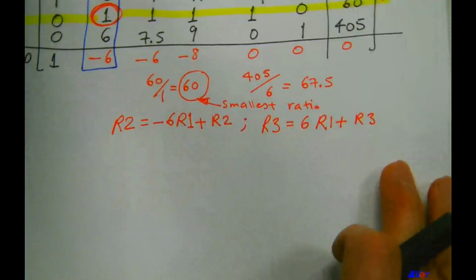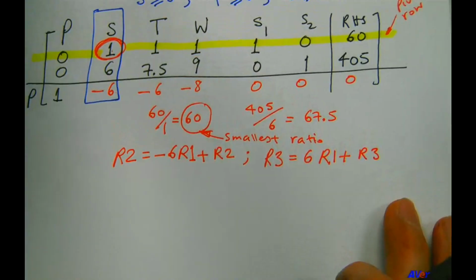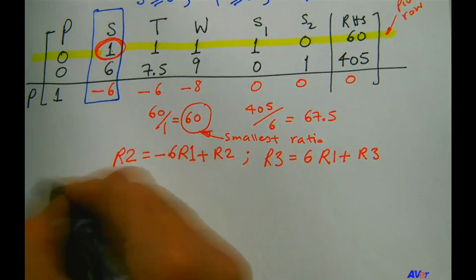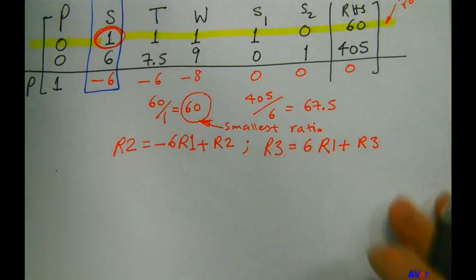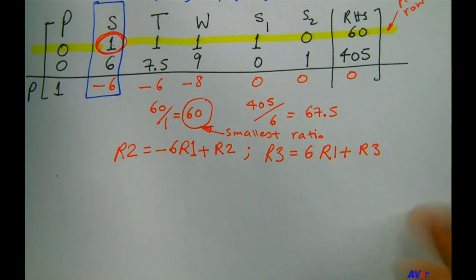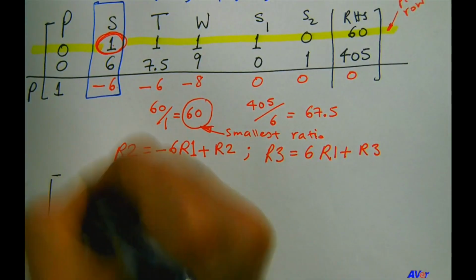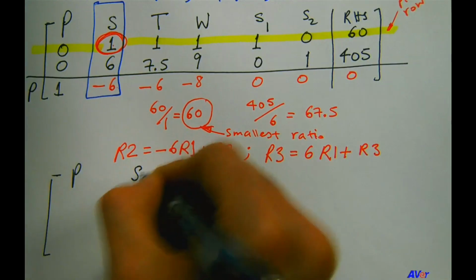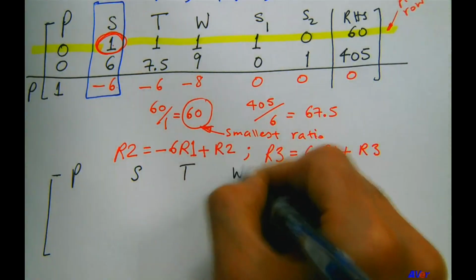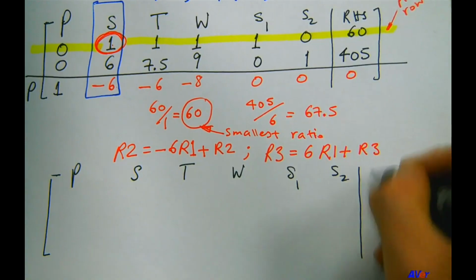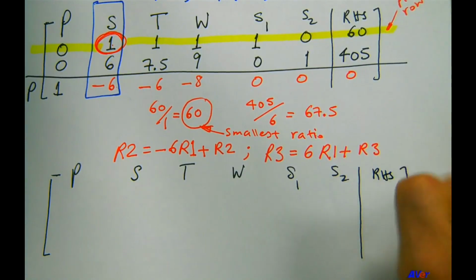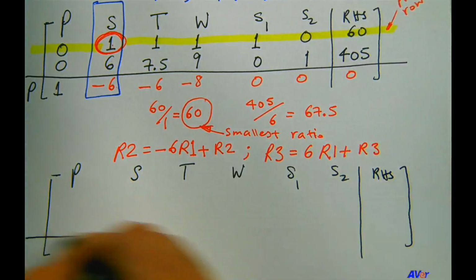Okay, so we're going to do that. Let's do that. And we have, let me move this up a little bit, like that. So we have P, S, T, W, S1, S2, right-hand side column.